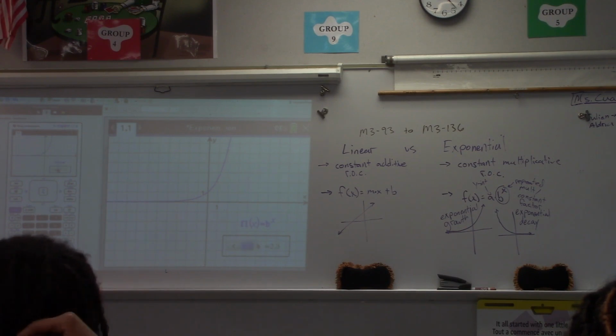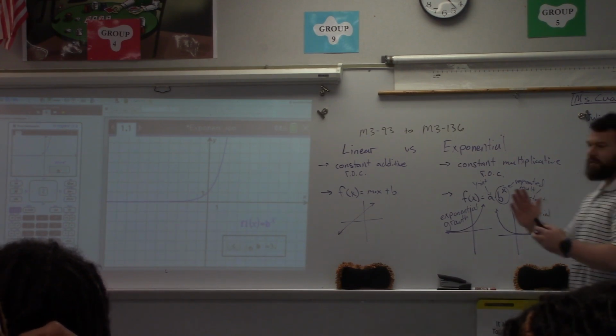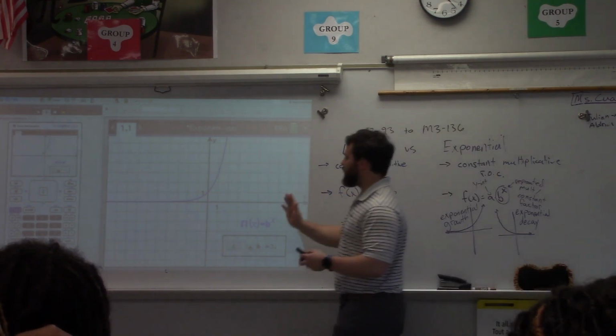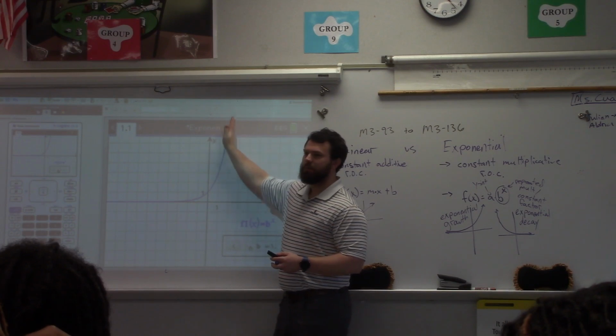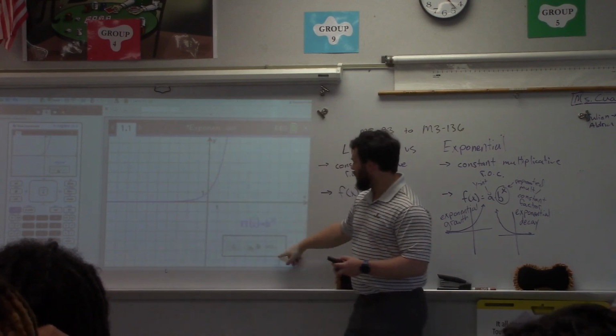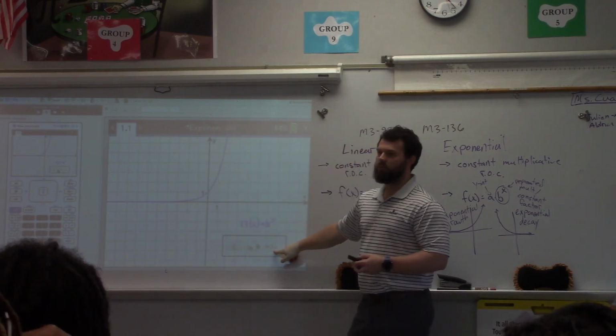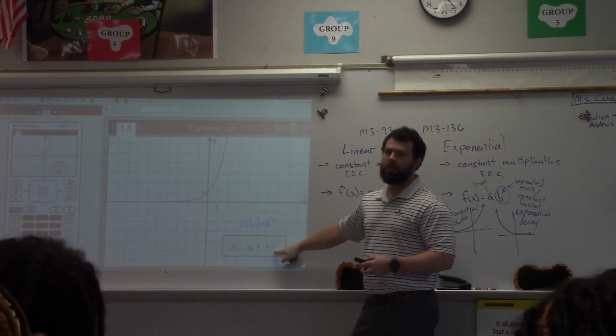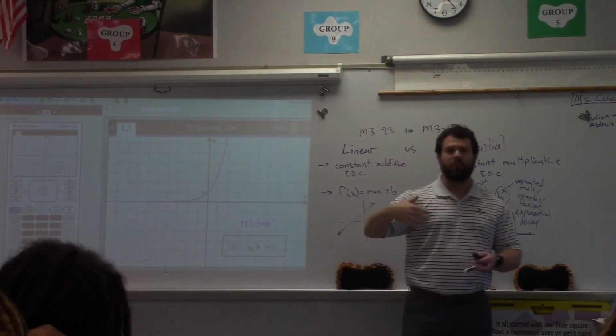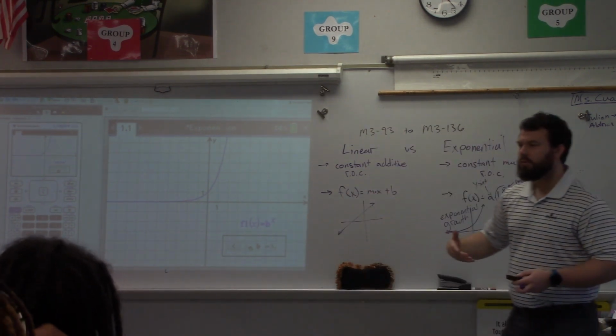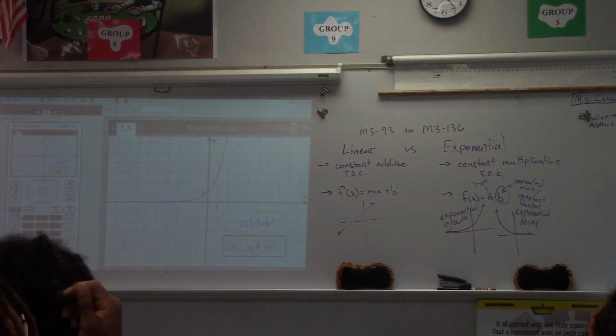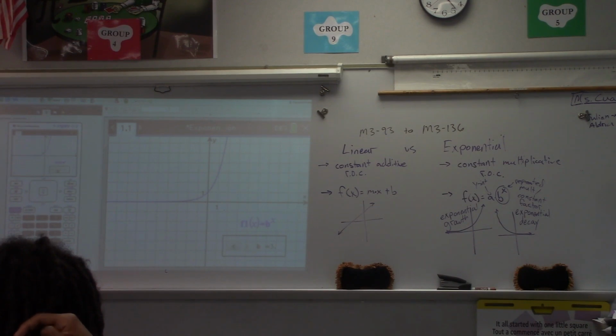It's getting steeper, growing faster. Because what am I repeatedly multiplying by now? 3. What's going to grow faster, multiplying by 3 or multiplying by 2? Multiplying by 3, right? So when that base b gets bigger, it grows faster.